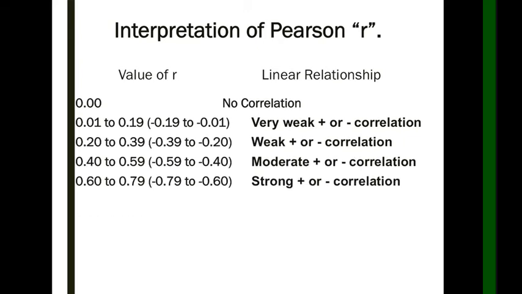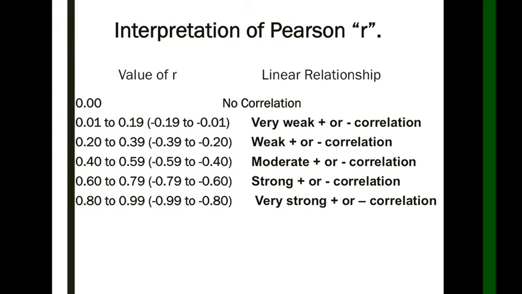So you will find here the interpretation of the r value. And if your answer is 1.00, that is a perfect correlation. If your answer is more than 1, then there might be something wrong with your answer, because it is impossible for the Pearson r or Spearman rho to be higher than 1.00.